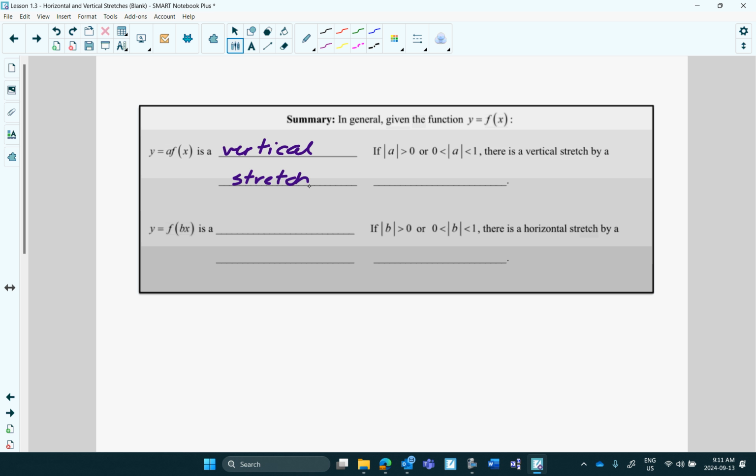If there is a number inside the function being multiplied by x, that is a horizontal stretch. And in a vertical stretch, whatever that number is in front, that's what we multiply the y coordinates by. So there's a vertical stretch by a factor of a.